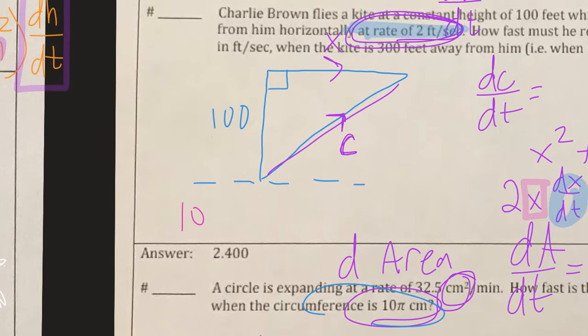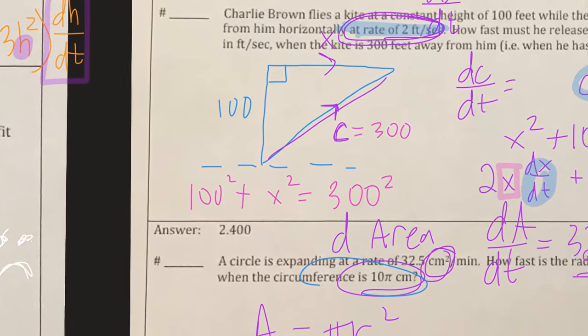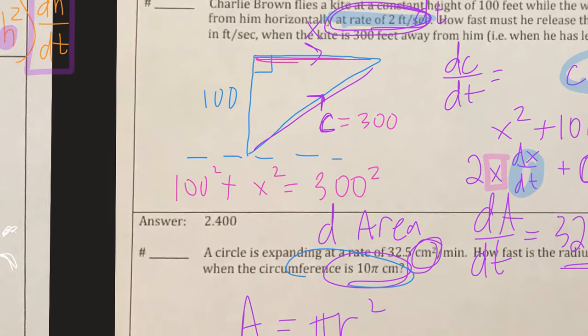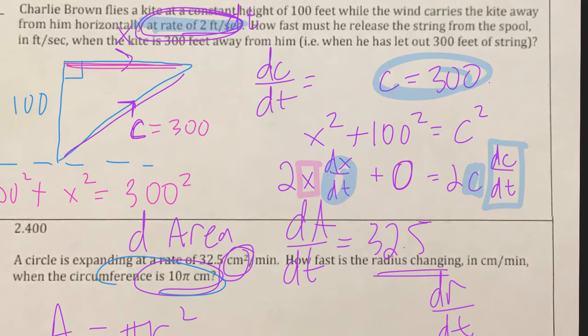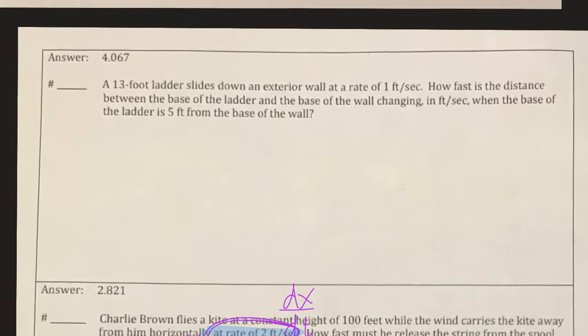So we know that 100 squared plus x squared equals 300 squared, right? c is 300 at this time. So you can figure out what x is, the distance here. Find that value using Pythagoras, substitute it in here, and then we can easily figure out dc/dt, the rate that the hypotenuse, I guess, is changing. So we got to do some extra stuff here.